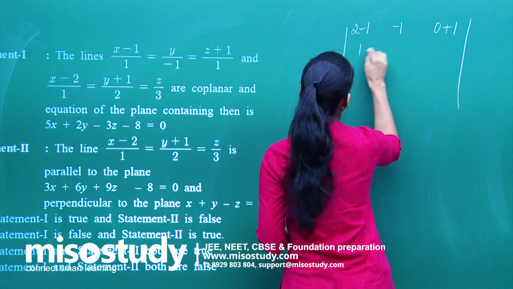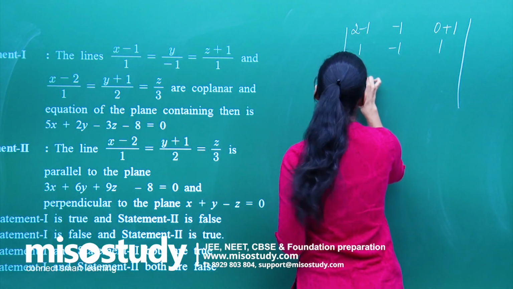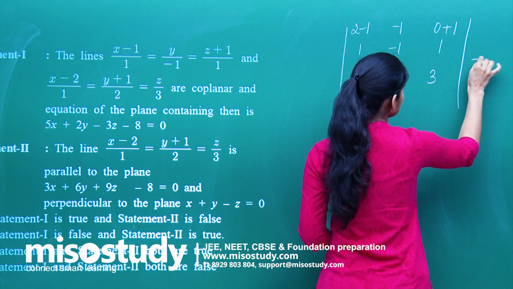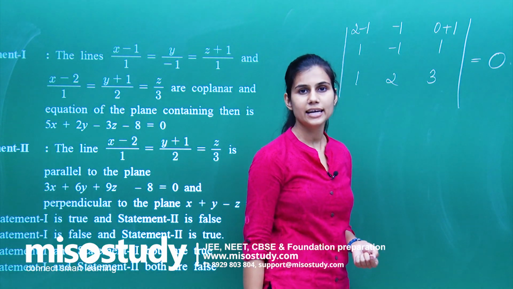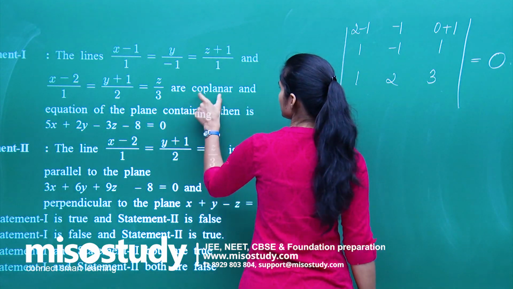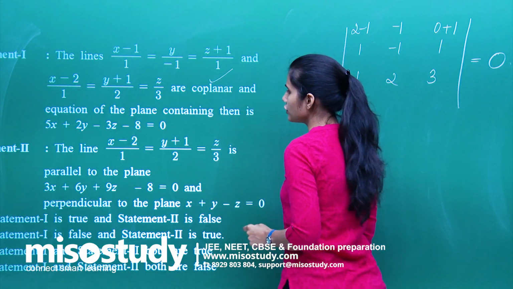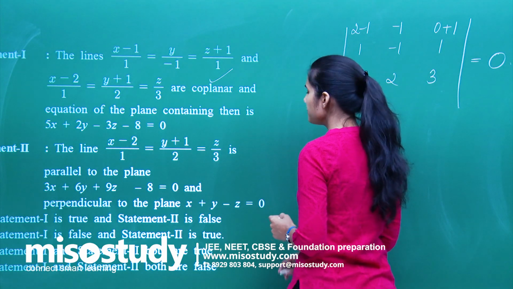Upon 1 minus 1, 1, and then you have 1, 2, 3. When you find out this determinant, you eventually get it to be equal to 0, which proves that these two lines are actually coplanar. So one step is done, that yes, they are coplanar for sure, and the equation of the plane containing them is this.